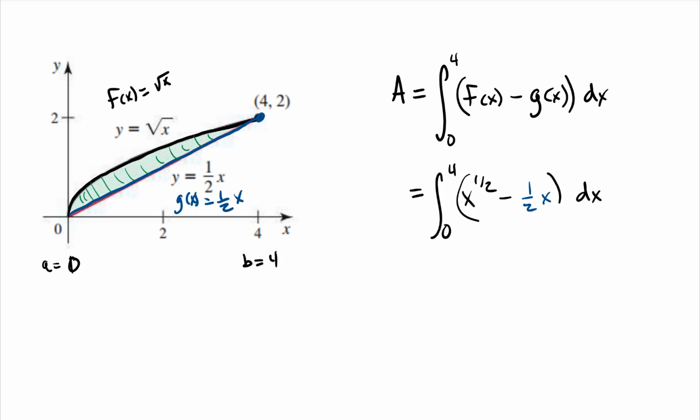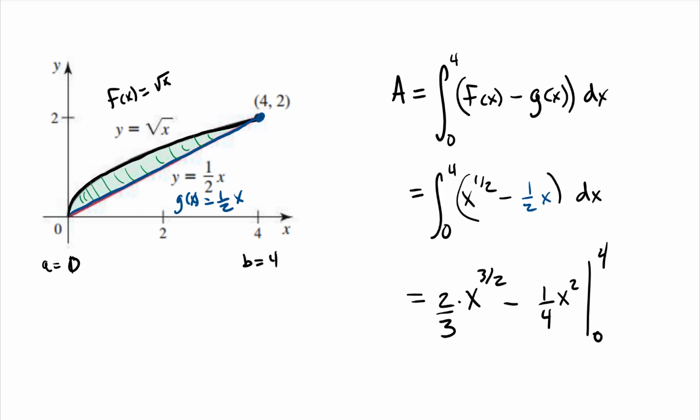Very straightforward. So we take our antiderivative. We're going to add 1 to our exponent and then multiply by its reciprocal. Now we're going to add 1 to this exponent, and we've got to divide by that number, so we end up with 1/4 x squared, and we go from 0 to 4.